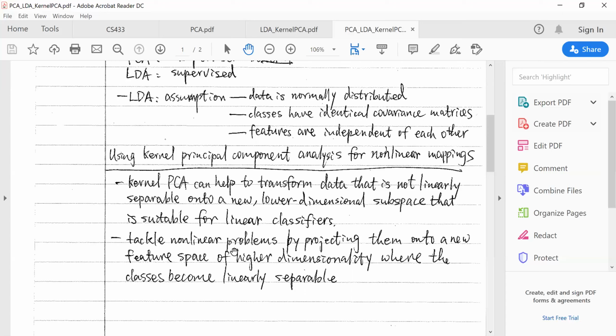And we tackle the nonlinear problem by projecting them into a new higher dimension feature space, but it's not contradictory with the concept of dimension reduction because you're going to apply PCA for dimensionality reduction. So that's the general idea about the concept part.